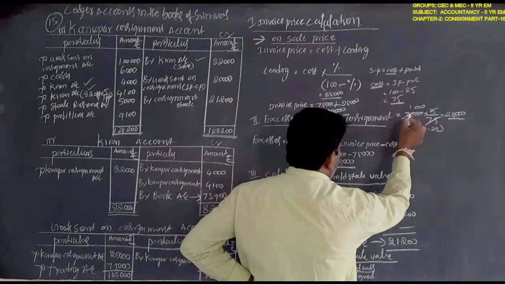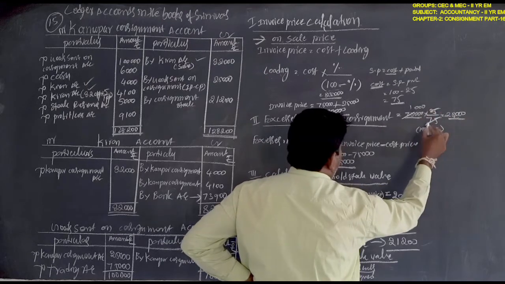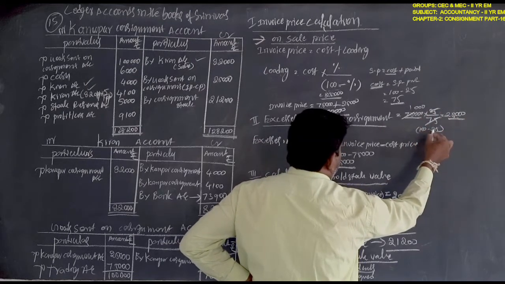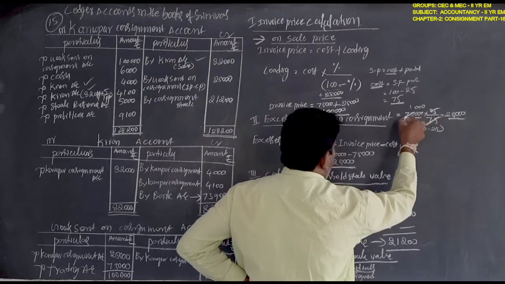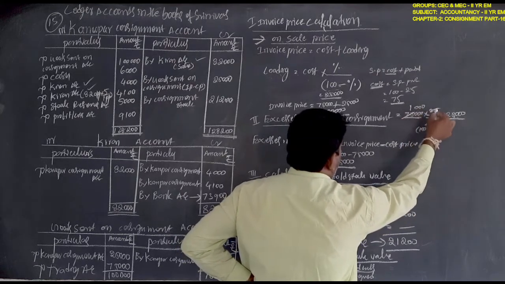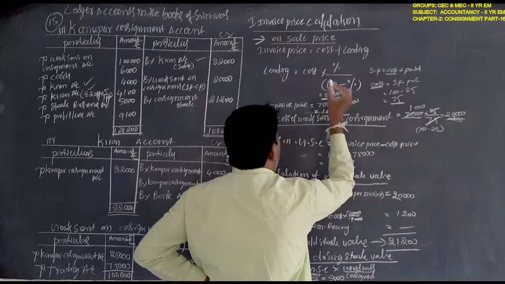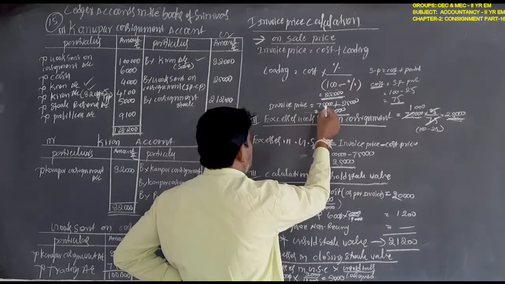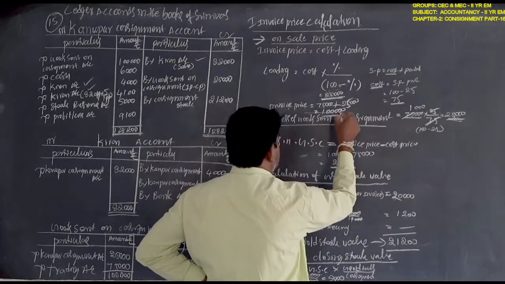Remember one thing, cost is 75, percent is 25% and 100 minus 25% you get 75. So 75 cancel, 1,000 into 25, 25,000 rupees is loading. So invoice price is 75 plus 25, 1 lakh rupees.